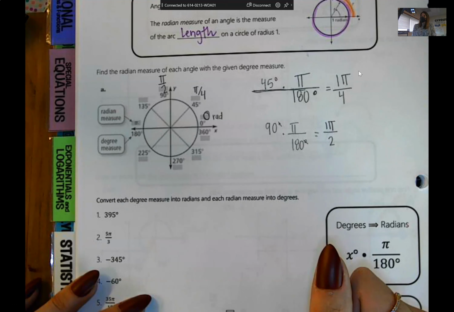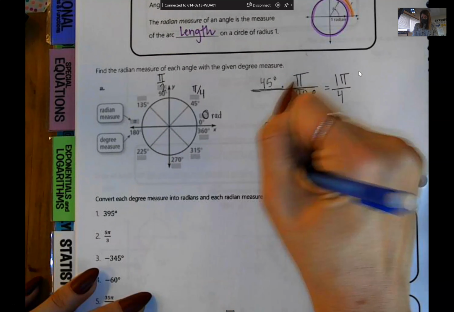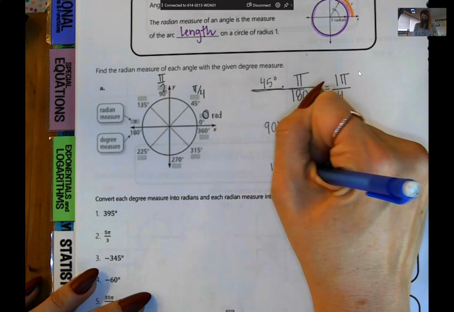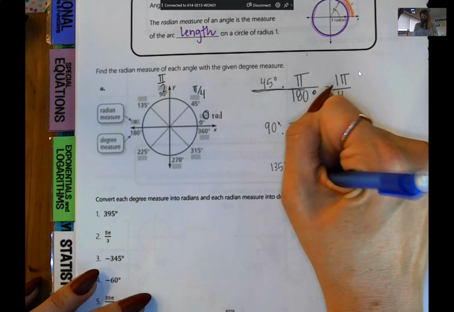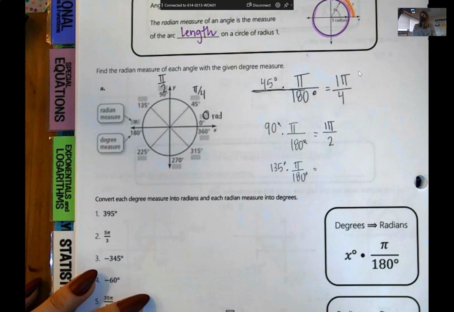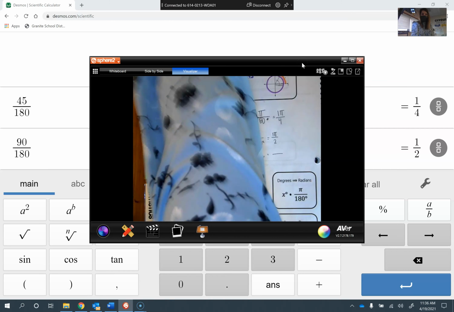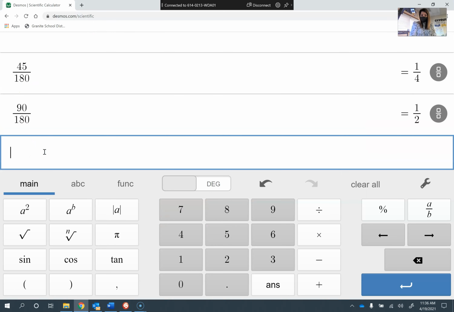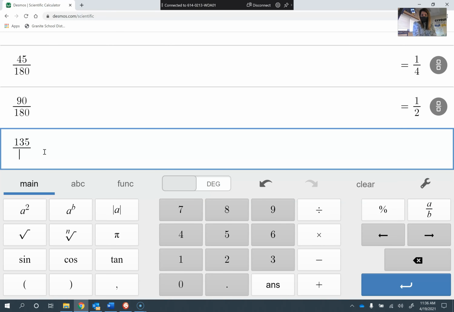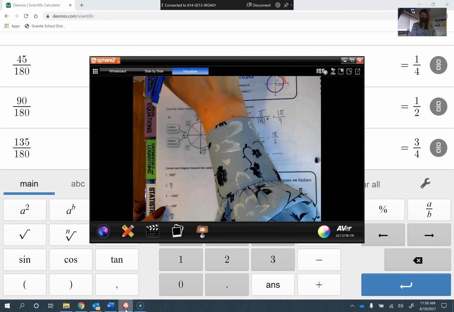Okay, I'm all right with that. So now we got to do 135. Same drill. 135 degrees times pi over 180. Degrees go away. I go over here. I do 135 backslash 180. Switch it back. So this one is 3 pi over 4.